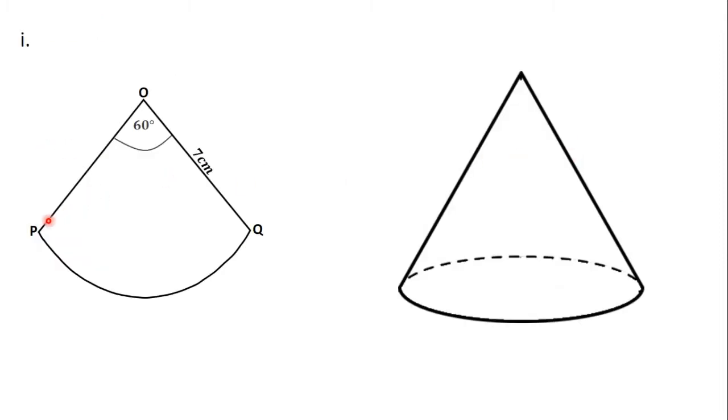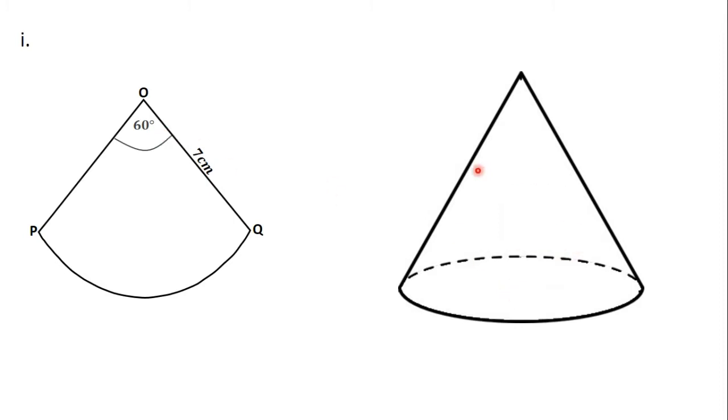If we fold the sector POQ into a cone, we are going to have something like what we have here. So this cone will be a hollow cone. Remember, in the previous video we said that cones developed from the sector of a circle are hollow cones.